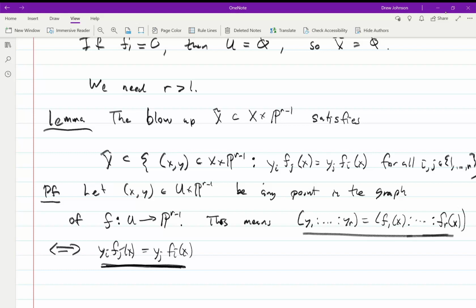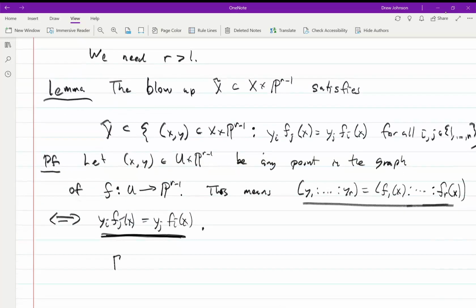Now we can extend these equations. These equations make sense on x cross P^(r-1). So let me write that down: y_i f_j of x minus y_j f_i of x.